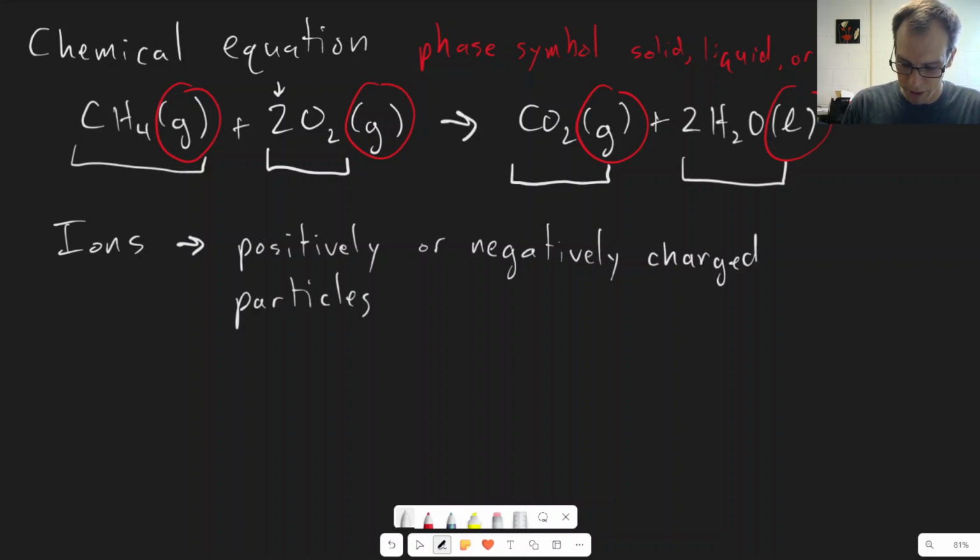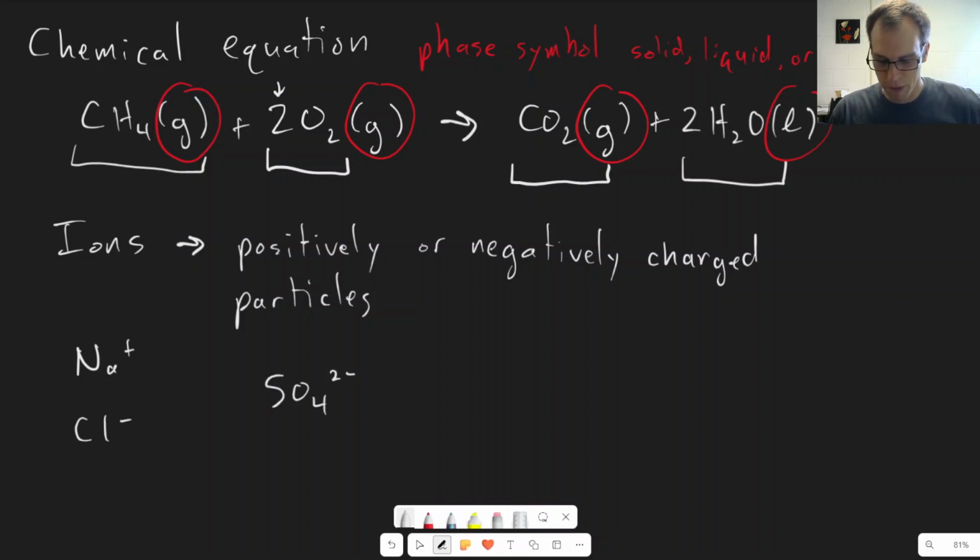This might be something like Na+ or Cl-, or you can have multiple atoms in something like SO4 2-.